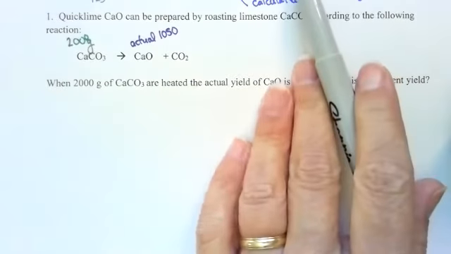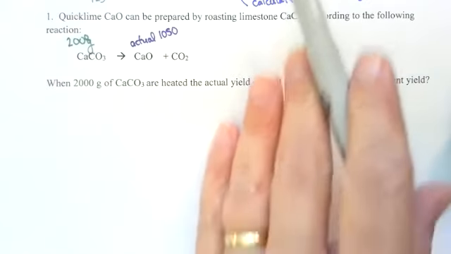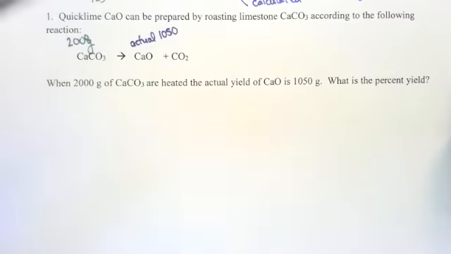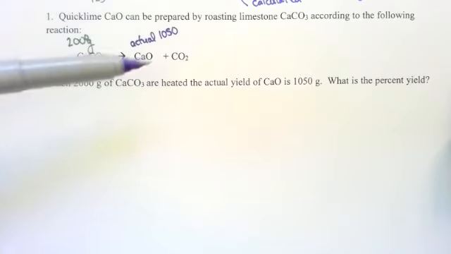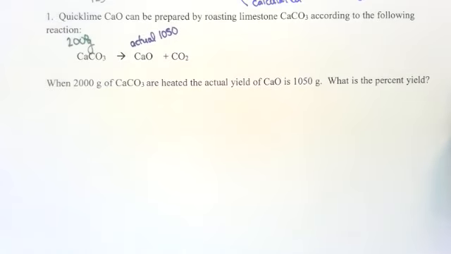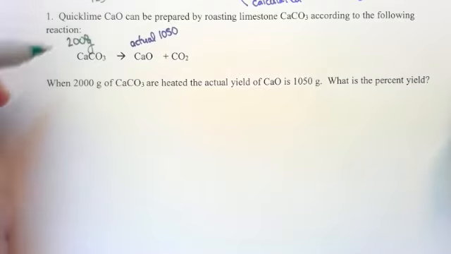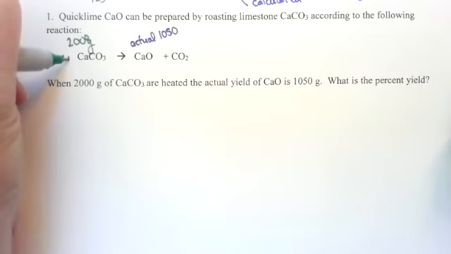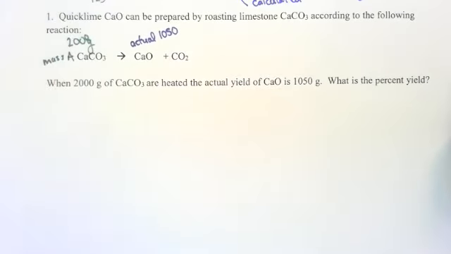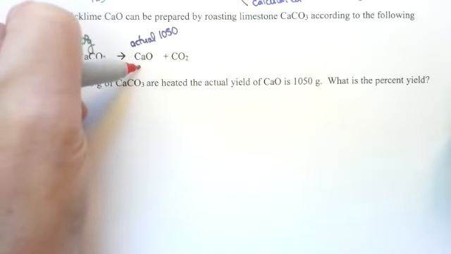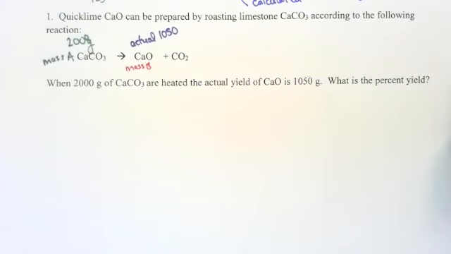Well, it's telling me what I get actually, up here on my formula I'm pointing to. What I don't know is what I should be getting theoretically. So I need to go to, if I start with this, if this is my mass of A, I need to find the mass of B. So I need to do a mass to mass stoichiometric calculation.